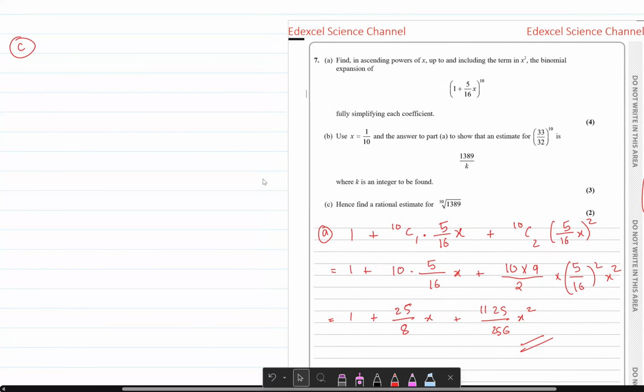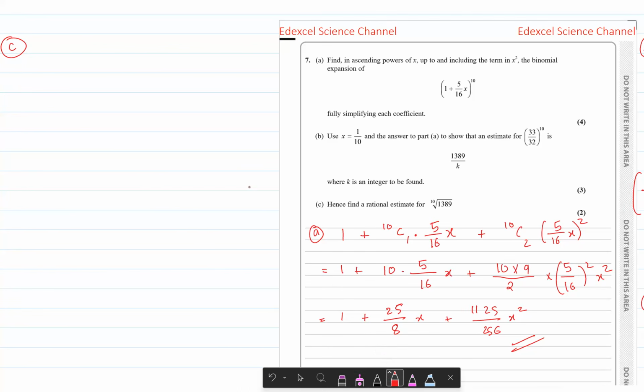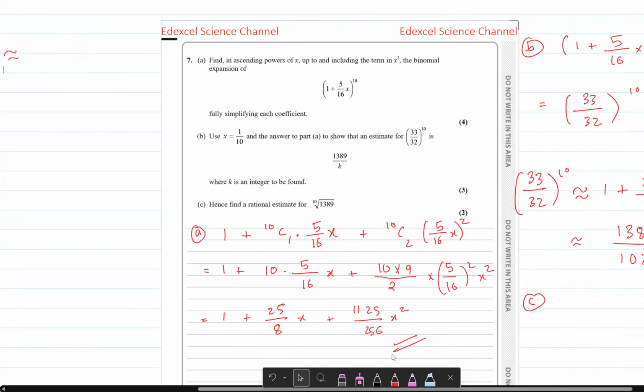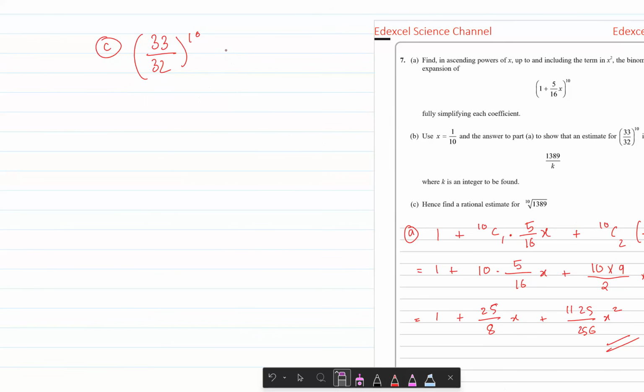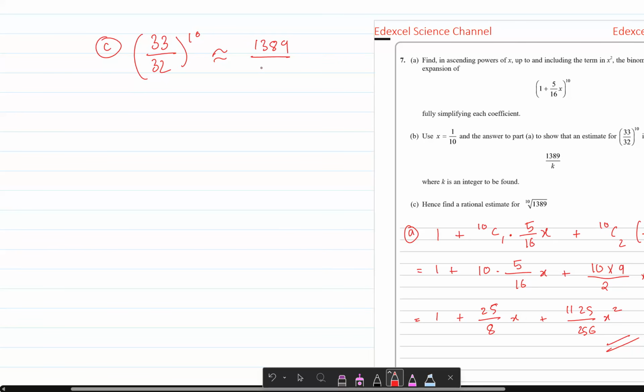Now, if I use my answer from question number B, I know that 33 over 32 to the power 10 is approximately 1389 over 1024. So from here, I can change this power 10 on the left hand, on the right hand side, so that it becomes a root over.